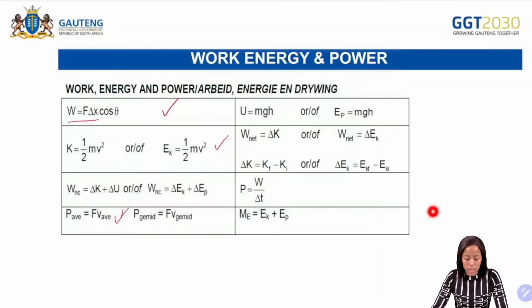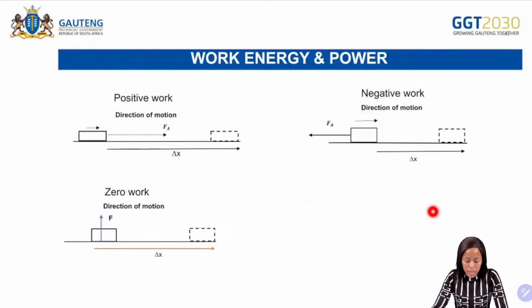A positive answer just means that there was a gain in energy. Okay, so that's your formula for the kinetic energy. So all the two formulas, and then this one is the formula for the average power, gravitational potential energy, and then this one will represent the formula for power there, and then this one mechanical energy. So you need to make sure that you are familiar with your formula sheet there.